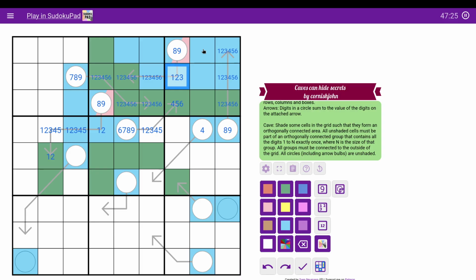If both of these are 9, then this certainly is 7, 8, 9. So this is 6 or less. There is a 1 here. So this is no 1. Is there a 2 here? Could this be 1, 1, 3, 4?